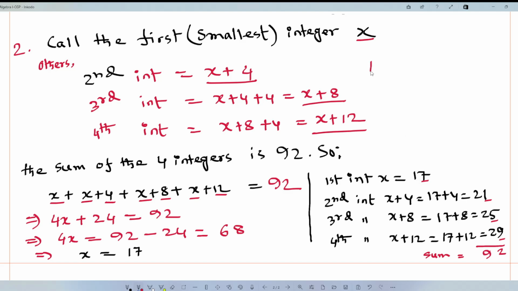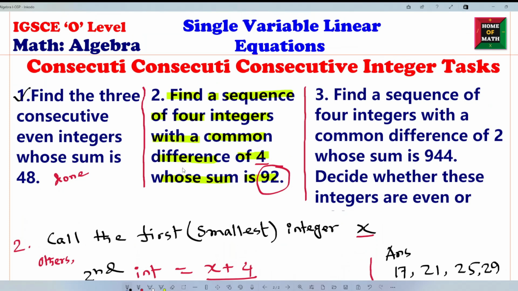So our answer is okay. So the consecutive numbers are 17, 21, 25 and 29. This is our answer. So our second math is also done. Now let's start number 3.